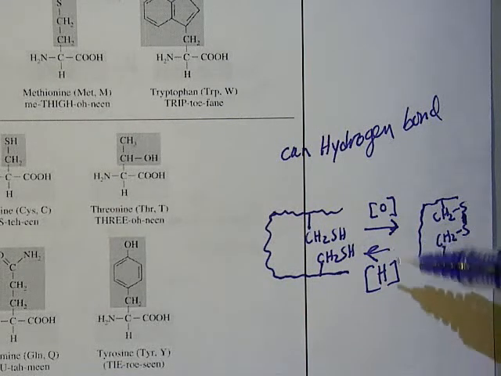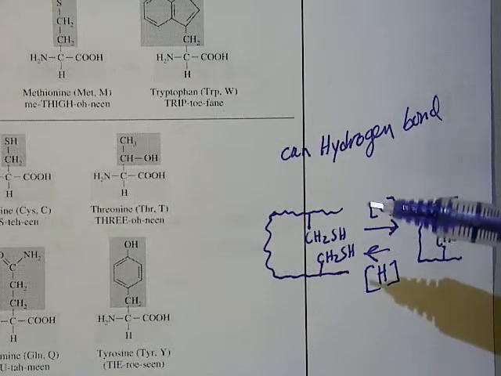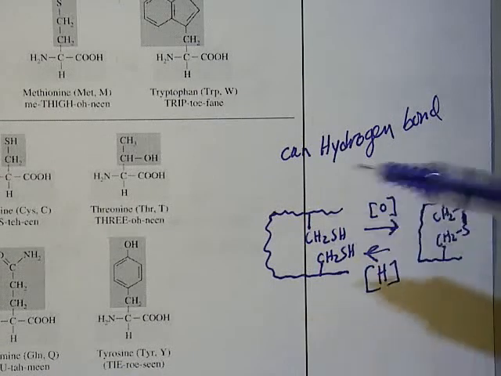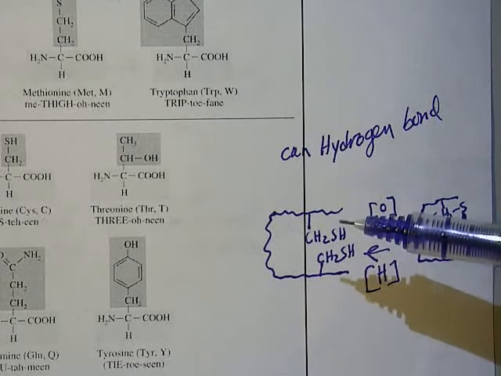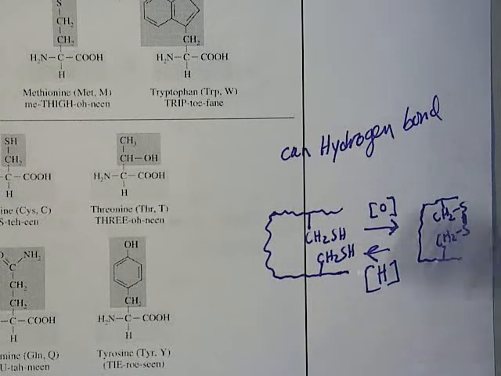And in fact, this chemistry right here is what is used when you go for a perm. You're born with some natural amount of cysteine in your hair, and by genetics it is either straight or curly.